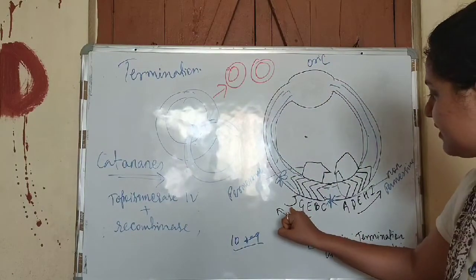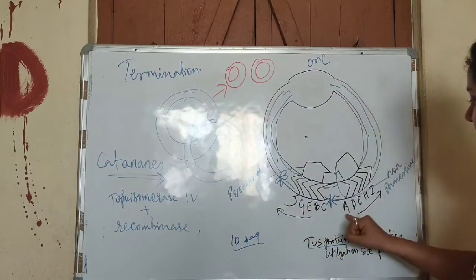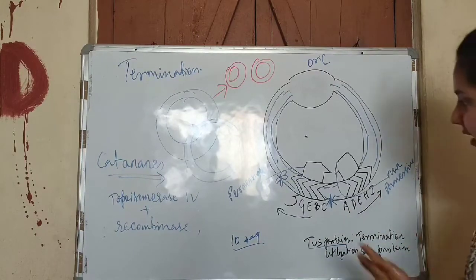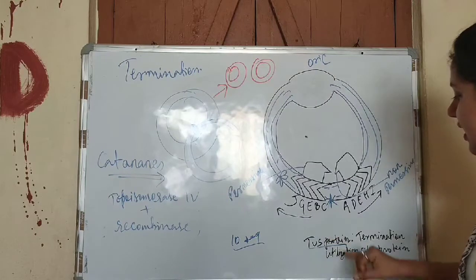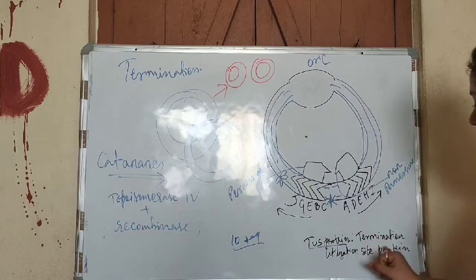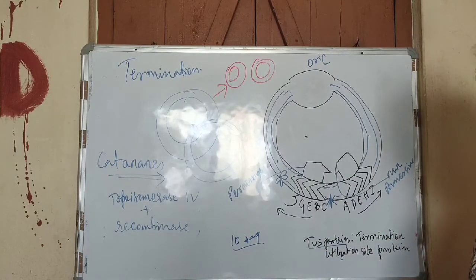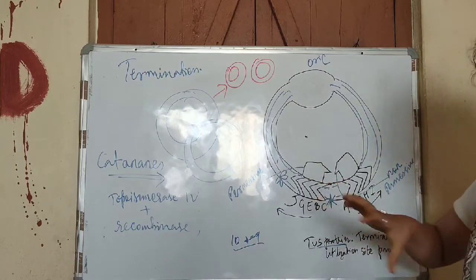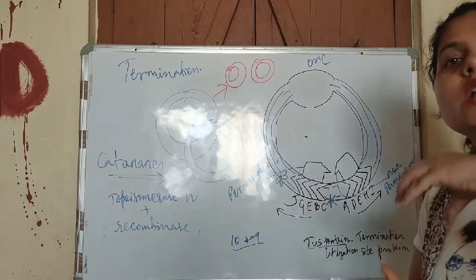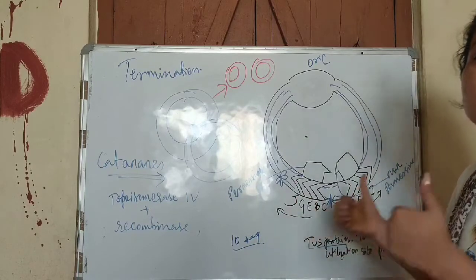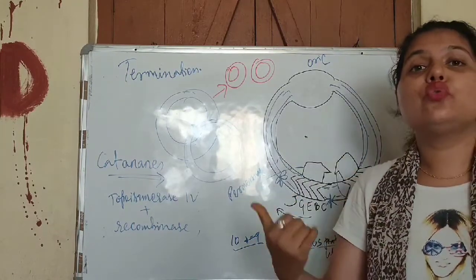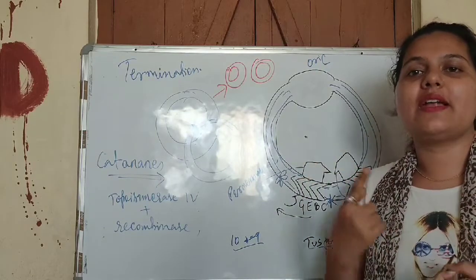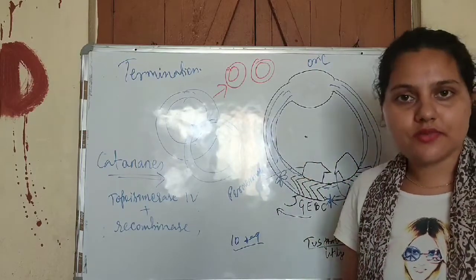They are named JGEPC-ADEHI. Within that termination sequence, there is a TUS protein, terminator utilization site protein. These proteins bind above the termination sequence on each side, and they have two ends: one is the permissive end and another is the non-permissive end.